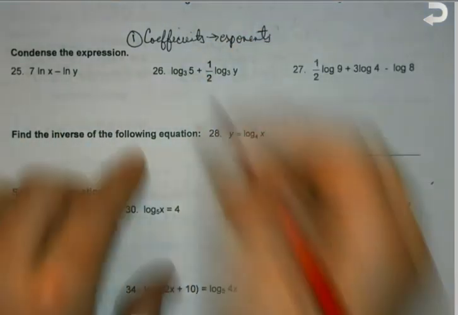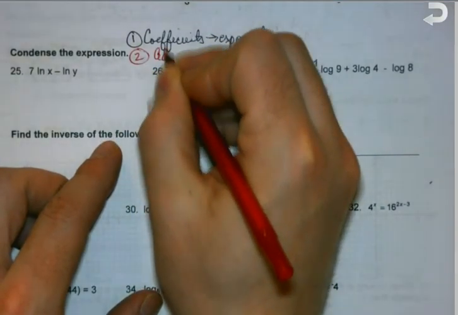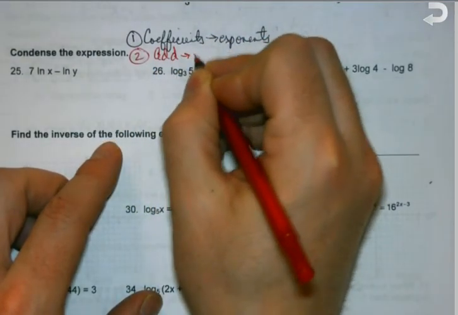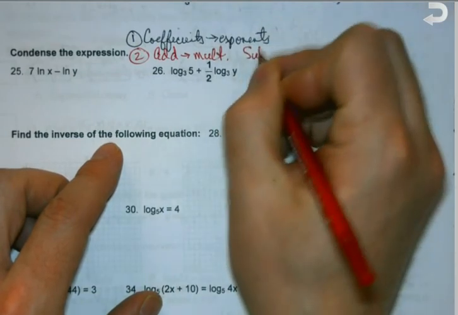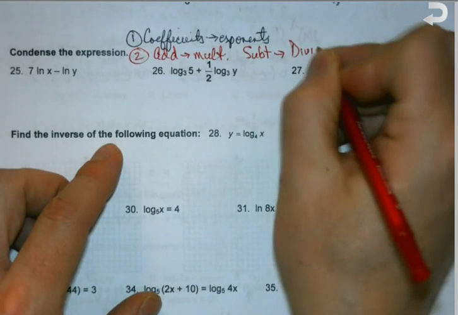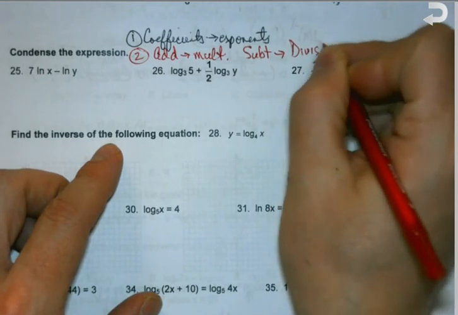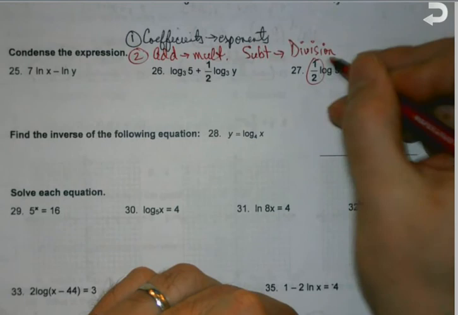Once I've done that on these, if I see any addition, that turns into multiplication. If I see subtraction, that turns into division. We're just using rules like when we were doing exponent rules. Same idea. But I really want to do them in this order. So if I'm doing 27, I see 2 coefficients.